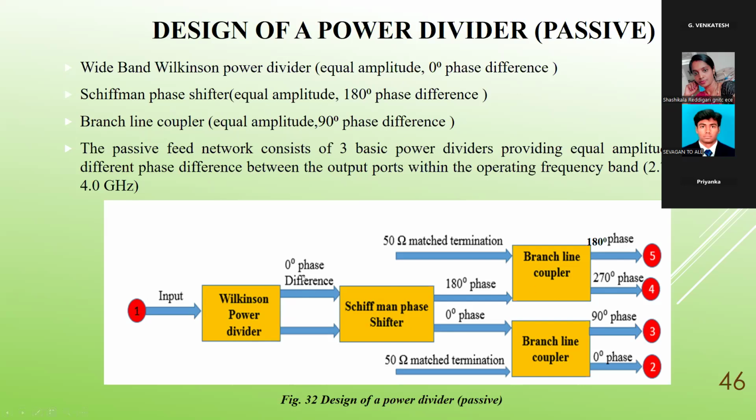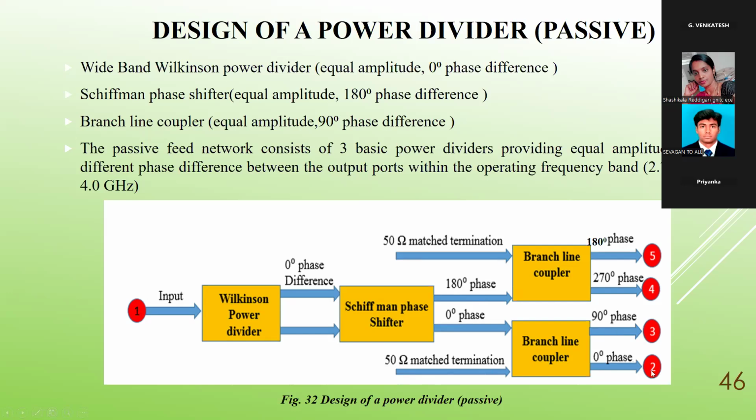So the output of the Wilkinson power divider is like this. It is fed again to the Schiffman phase shifter, which gives 0 and 180 degree. Then it is fed to a branch line coupler. So 180 is fed to one terminal of the branch line coupler. Another one is terminated with a 50 ohm matched load, and similarly here a 50 ohm matched load. At the output of the branch line coupler, one is 0, one is 90 degree, so 90 degree phase difference, equal amplitude.